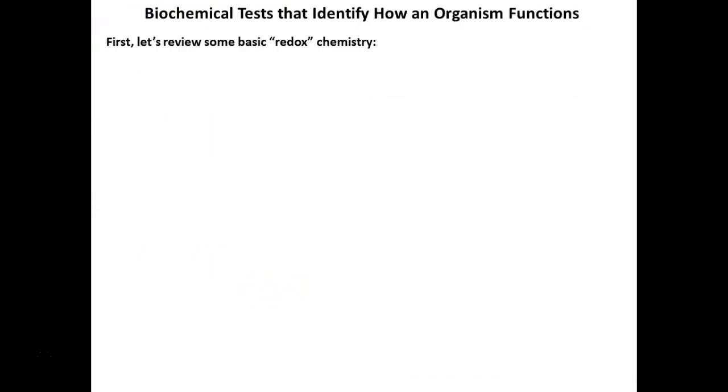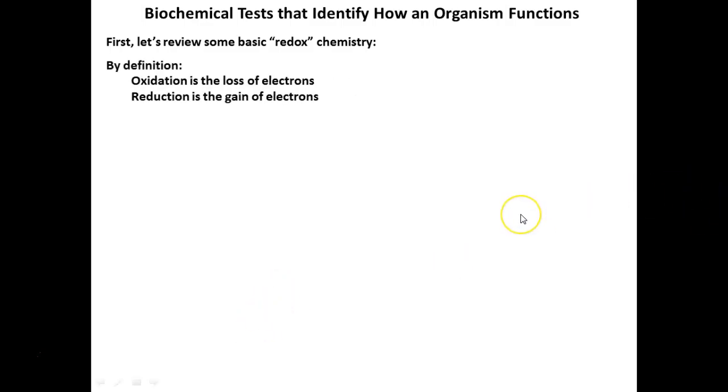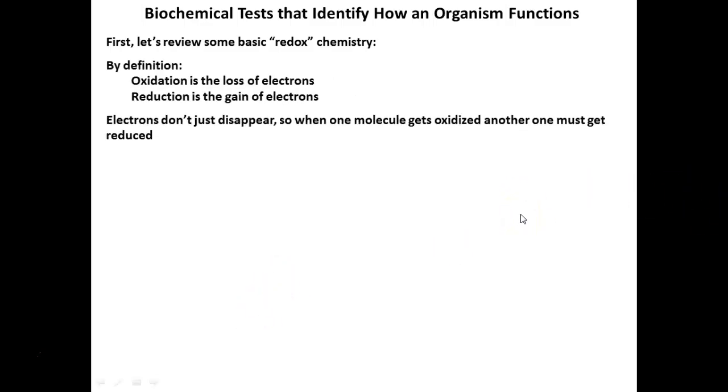So, a little review. Redox reactions, oxidation, reduction. What do we remember to remember what is what? Did I tell you guys last time? OIL RIG. Oxidation is the loss of electrons. Reduction is the gain of electrons. So, electrons don't disappear.